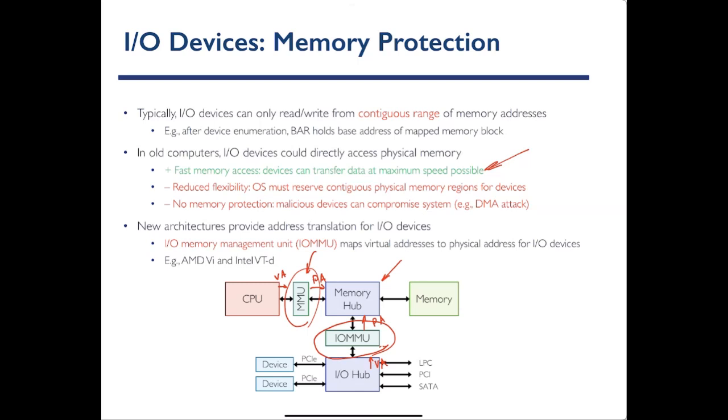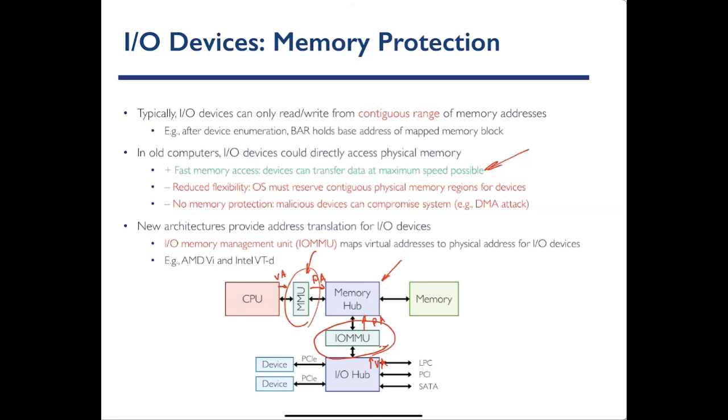So the operating system has to set up page tables for IO devices, saying what ranges of physical addresses each device has access to.